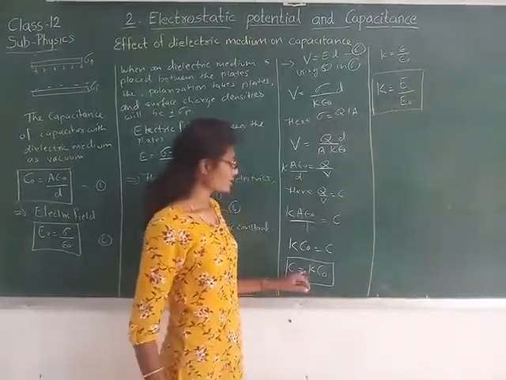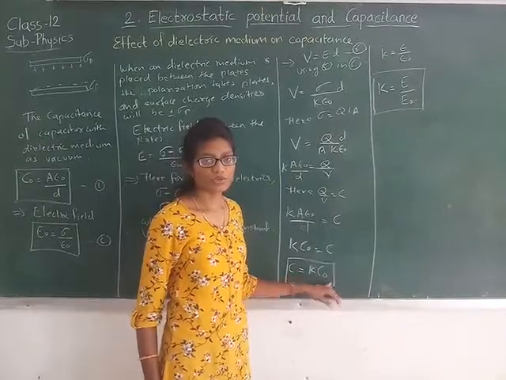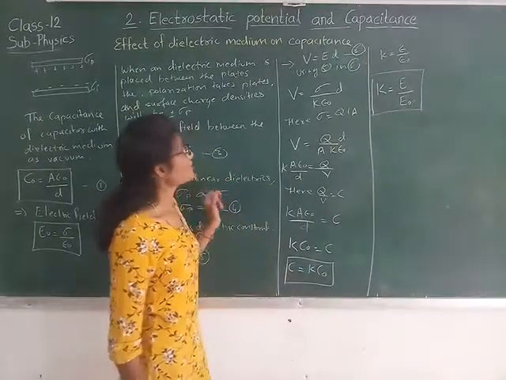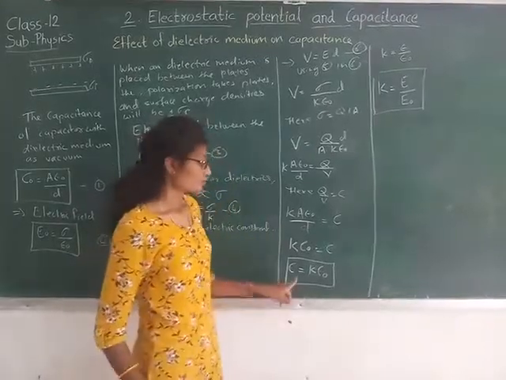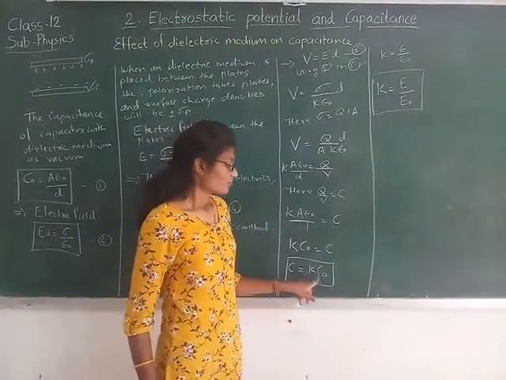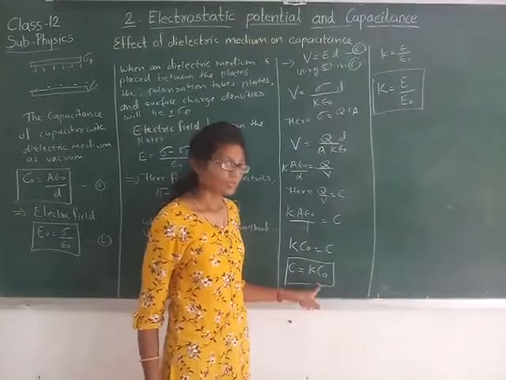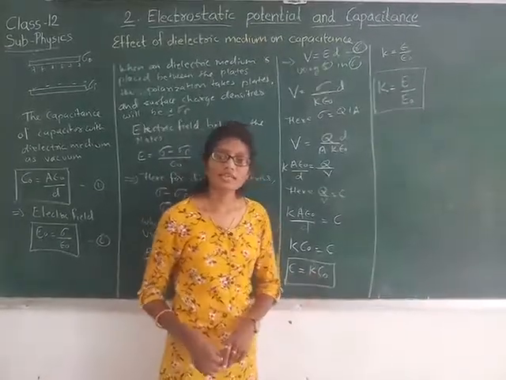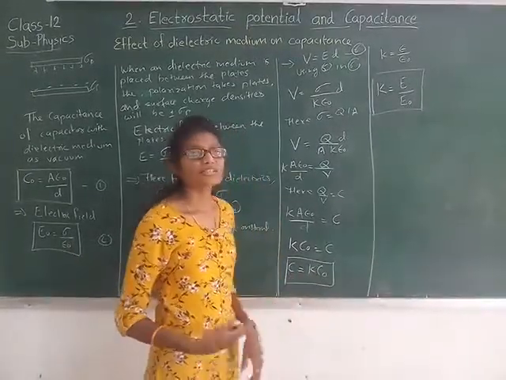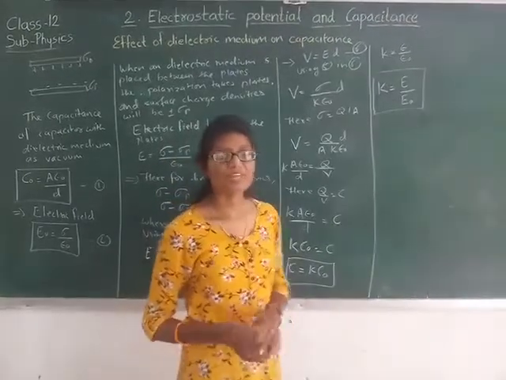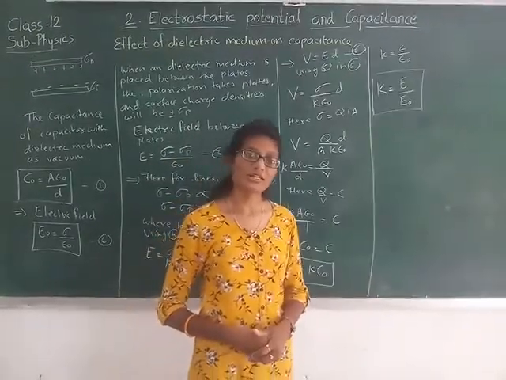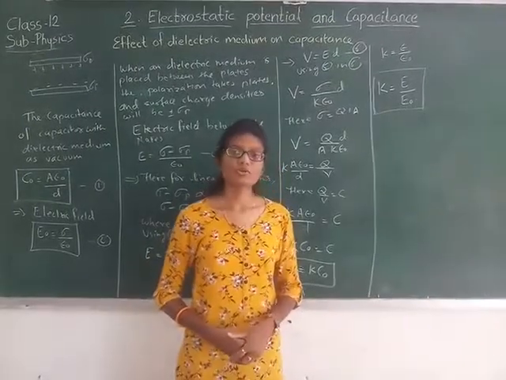You can see C equals KC0, right? Here we need to study the effect of dielectric medium on capacitance. So when we place the dielectric medium having the dielectric constant K, the capacitance value of the capacitor increases. So students, you may note down this here.